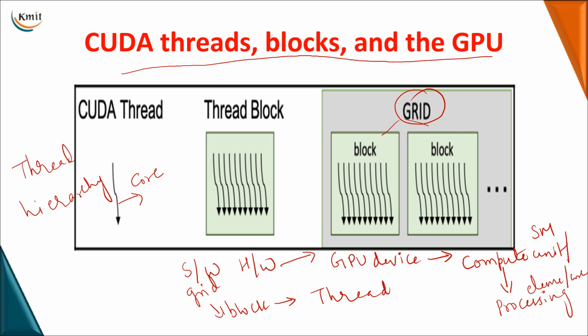And we all know that a thread is a software component which will be executed on a core. Similarly, blocks are executed on a streaming multiprocessor. So this was a visualization of the relation between a software view and a hardware view. In CUDA threads, blocks, and the GPU, we see how the thread plays a major role in implementing your GPU programming.